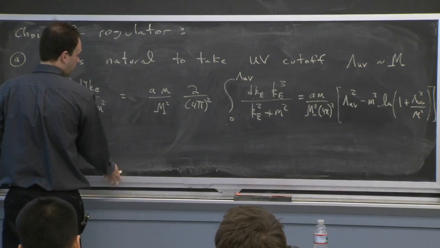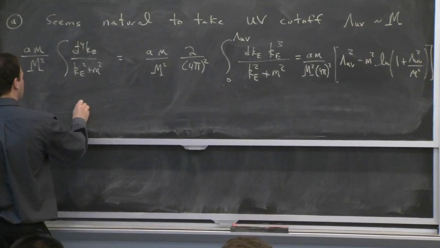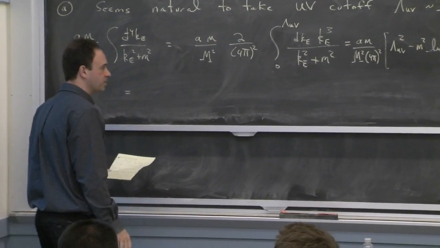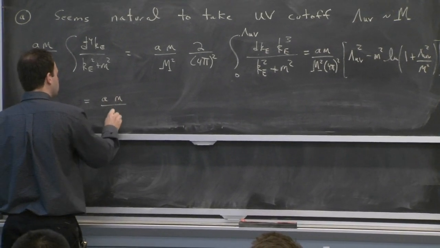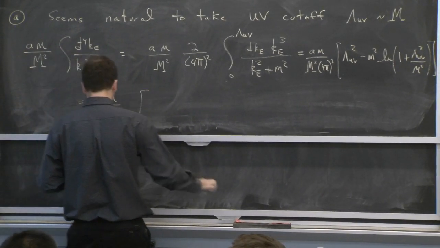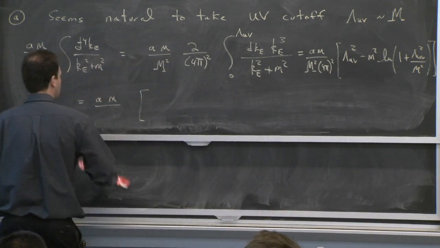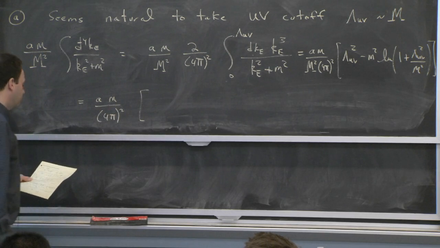There's two scales that are showing up, lambda UV and little m. The answer depends on both of them. And then we can start expanding, because little m is supposed to be much smaller than lambda UV. Let me pull out an M over 4 pi squared.